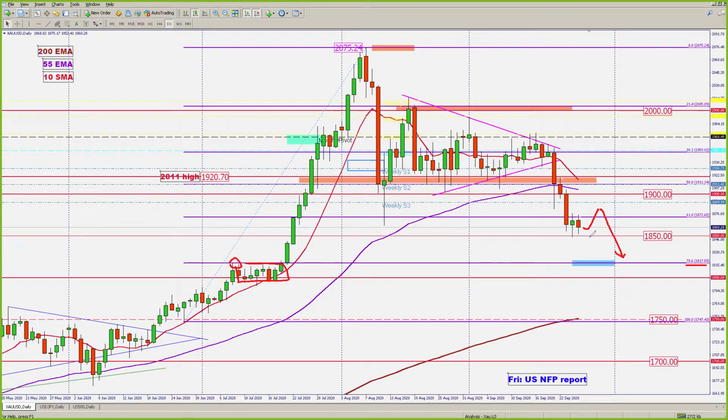So we'll see if the US dollar continues to try to recover back up, and if so, then there's a potential of spot gold dipping below the 1850. But for now, it needs to try to climb back up to the 1900 level or 1890.